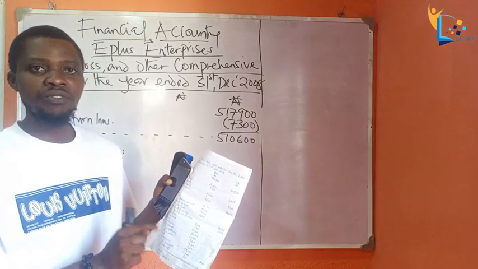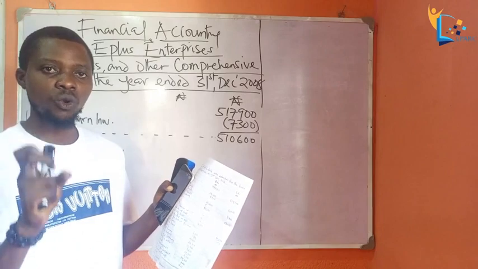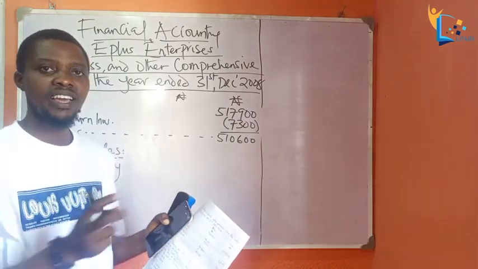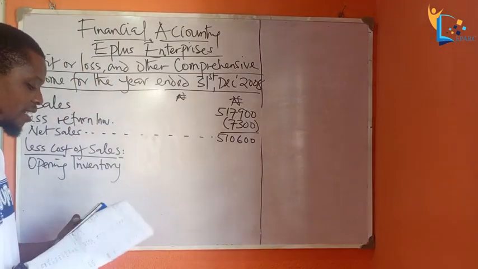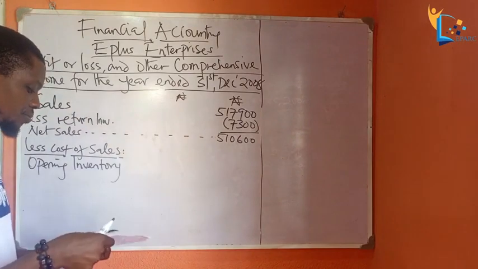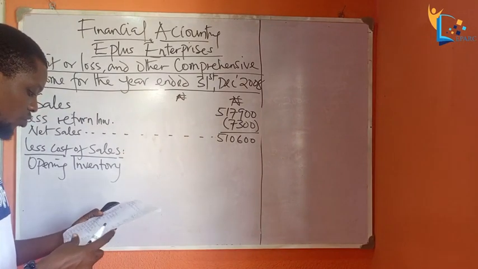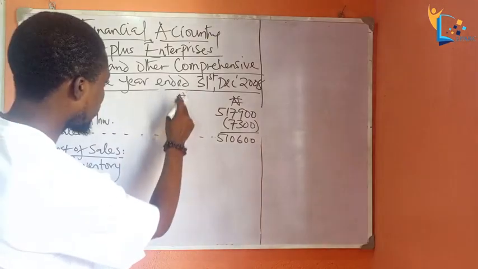So the inventory in the additional information is the closing inventory, while the one in the trial balance is the opening inventory. So opening inventory we have 34,300.